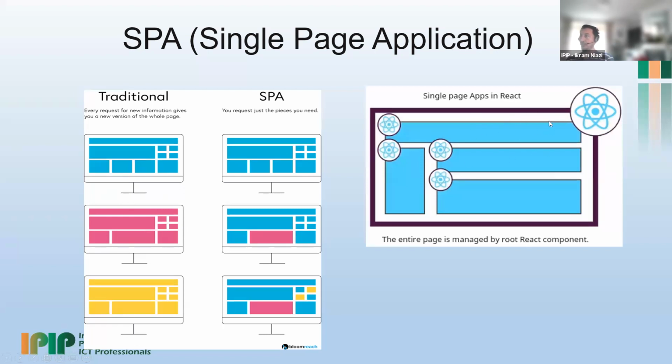So the example here is that this whole page is the root component, and inside there are components like nav bar and sidebar, and the body is divided into two components. So it depends what component you are asking for. So only that gets loaded.